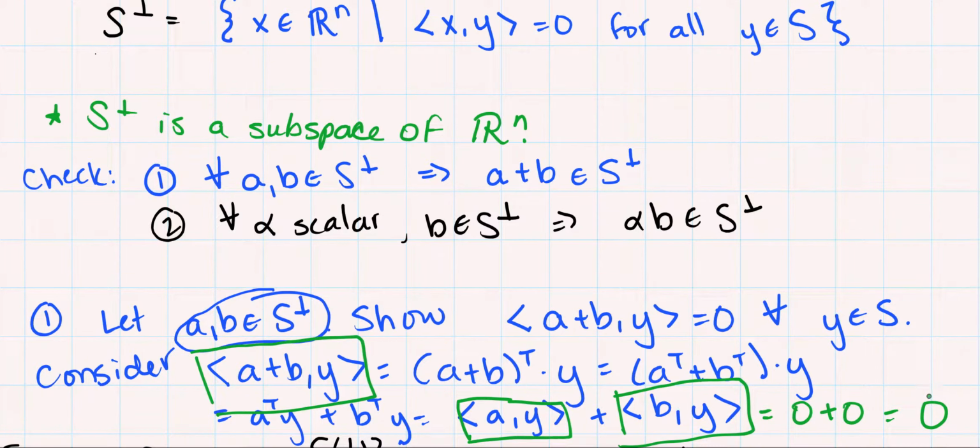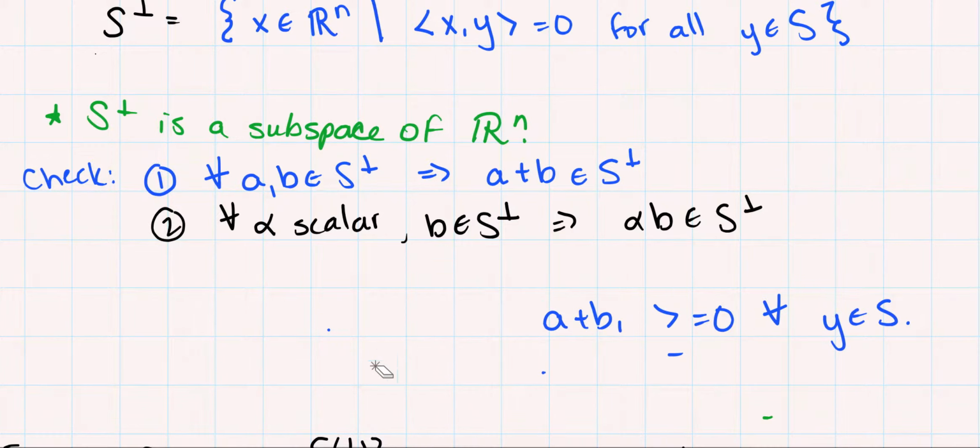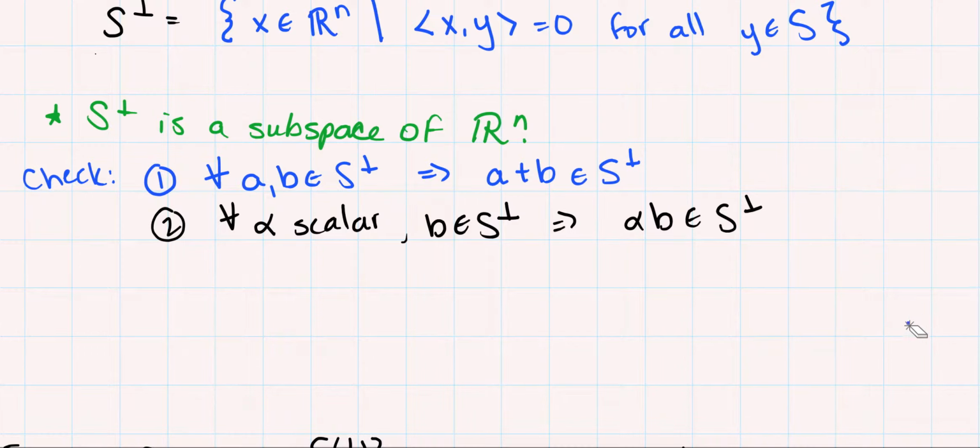Let's show this second property. We have b in S perp and alpha is a scalar.